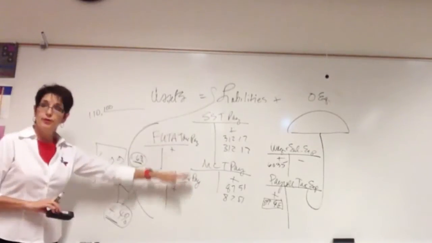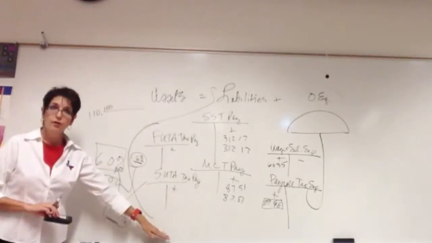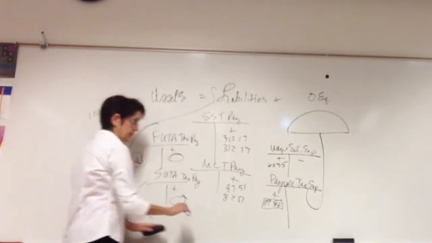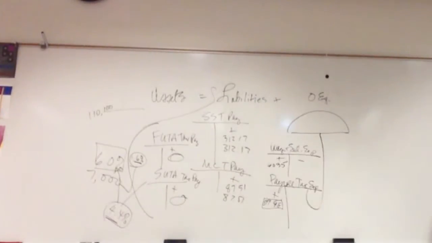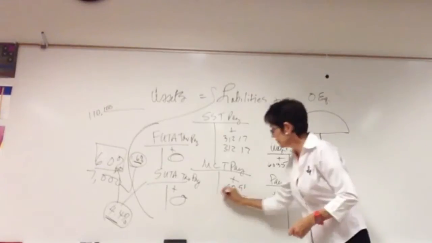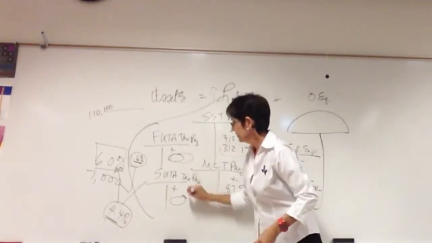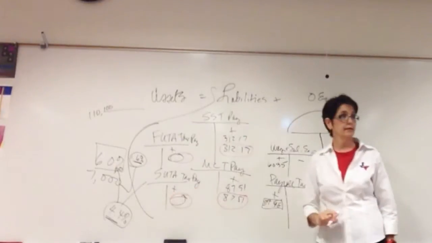Now, the employee does not pay these, only the employer. So they're also going to be a payable. So we really have this one, this one, this one, and this one, right?